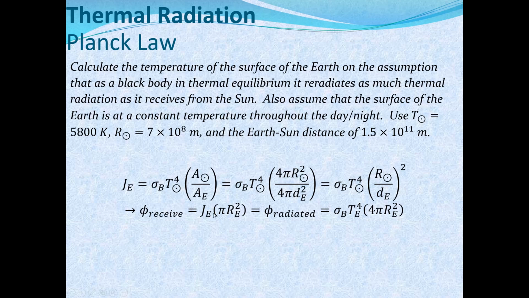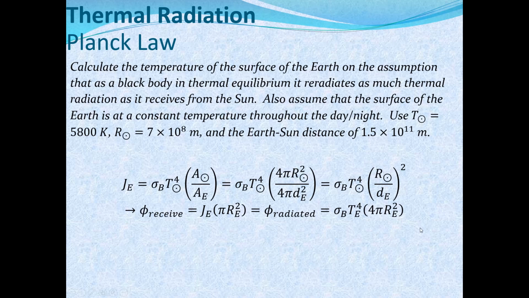So if you try to visualize it, when the sun hits the earth, it's pretty much only taking up a circle of the area. So it's absorbing a circle of the entire energy flux density at the location of the earth. But when it starts to radiate the energy, it's going to radiate along the surface of the earth.